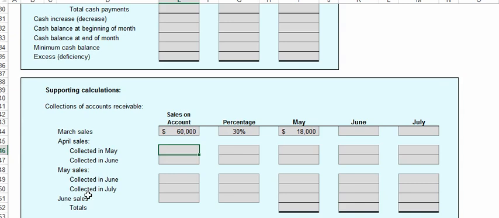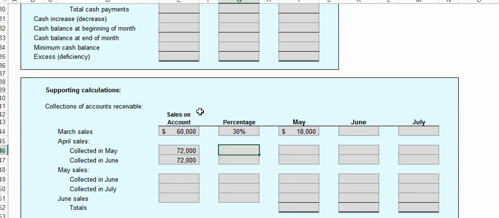All right, so first we're looking for April sales made on account. Sales on account for March were 60,000. For April were 72,000. April sales made on account 72,000. Okay.